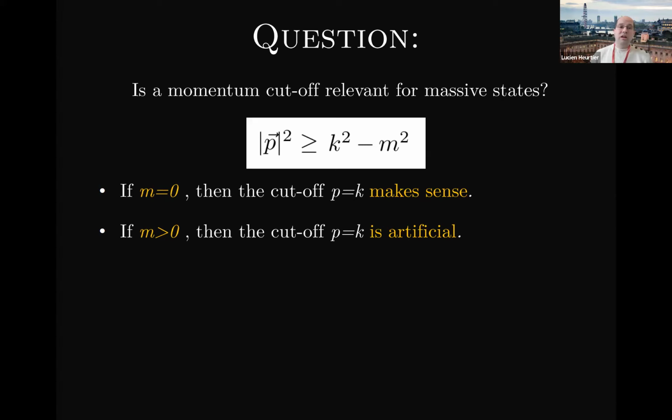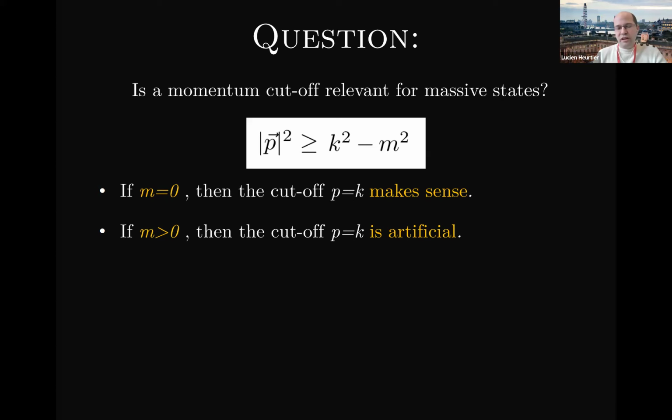But when a mode actually has a mass, it doesn't really make sense because the energy is given by p squared plus m squared, and so fields which are very heavy but do not have a lot of momentum, in principle, could be cut off as well.